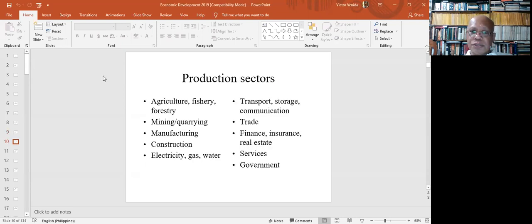You have agriculture, fishery and forestry. You have mining and quarrying. There's manufacturing. You have construction. Then there's electricity, gas, and water. There's transport, storage, communication. Then you have trade, retail and wholesale trade. Finance, insurance, and real estate.